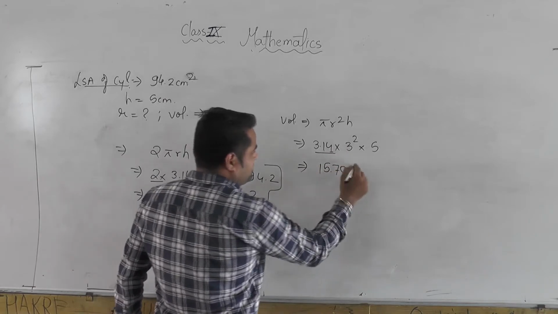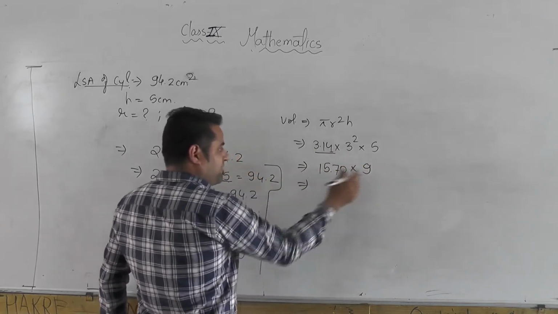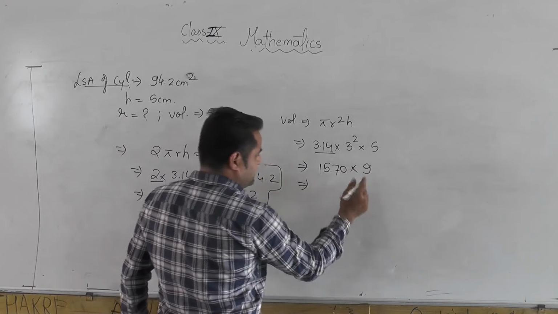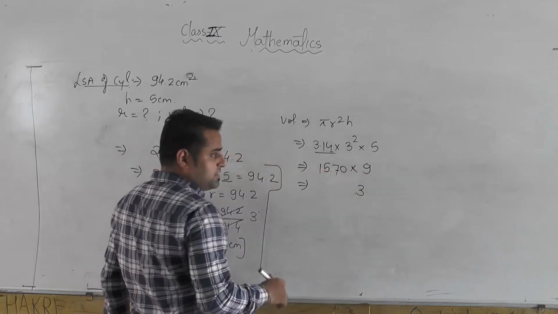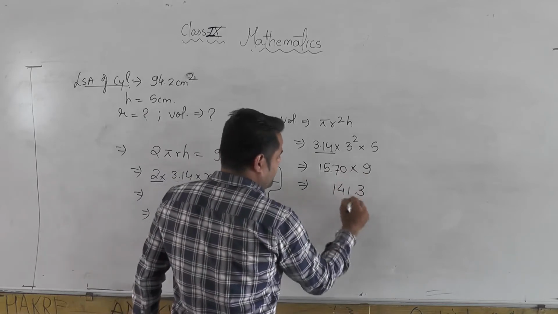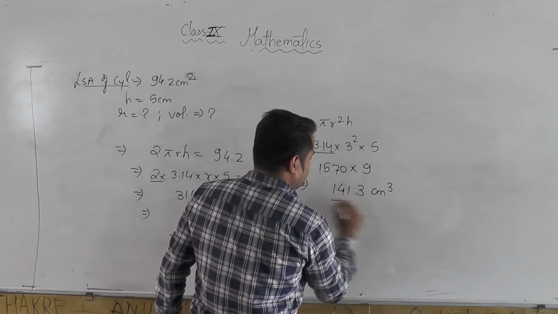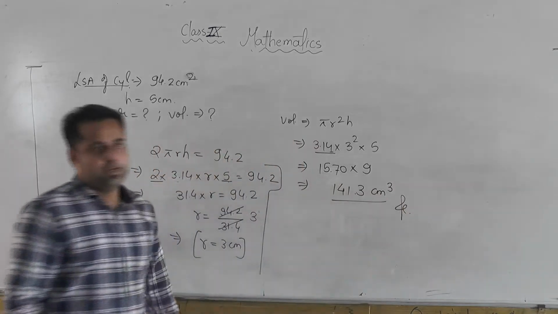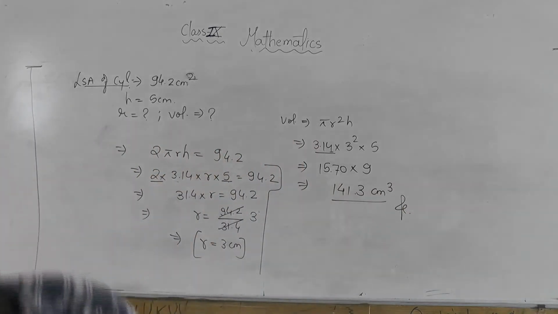This will come 15.70 into 9. Now we multiply it by 9, 9 sevens are 63, and then 15 nines are 135, and 6 we have carried. So 141.3 centimeter cube will be the volume of that cylinder. This is the answer for your question.